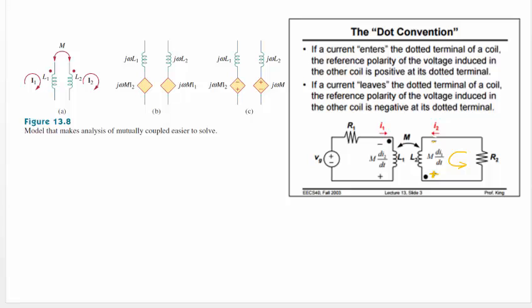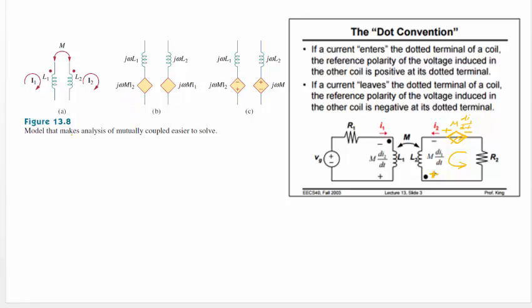My induced voltage here is shown in gold, and that would be equivalent to a controlled source on this side, with polarity going around the circuit: a minus and then a plus. The amount of voltage induced on the secondary side of this circuit is given by M di1/dt.